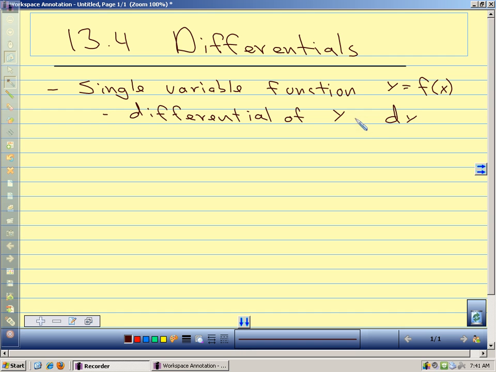We called it dy, and dy was f prime of x dx.